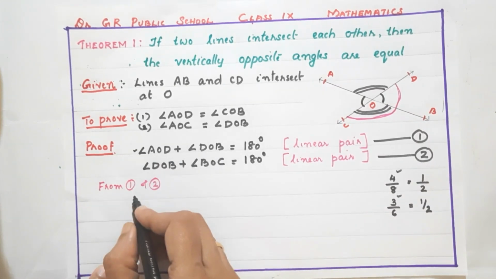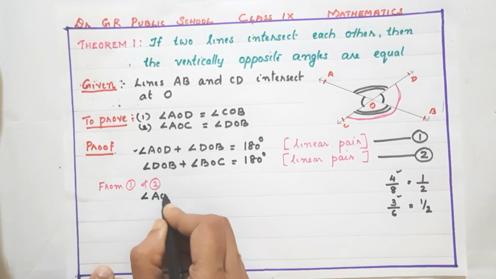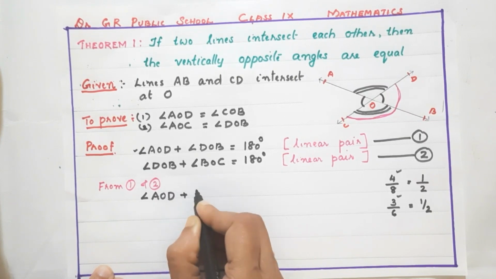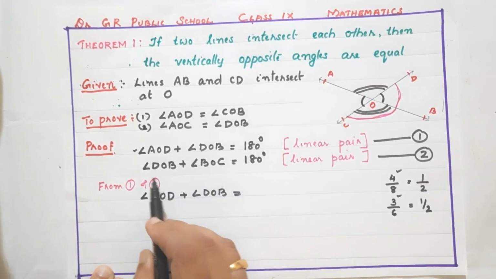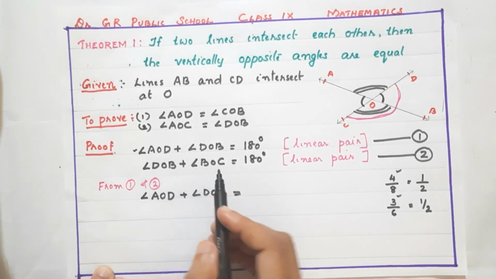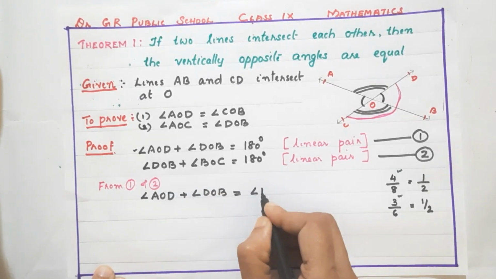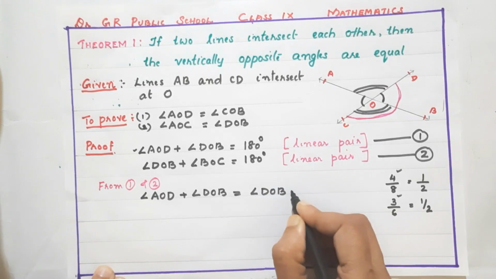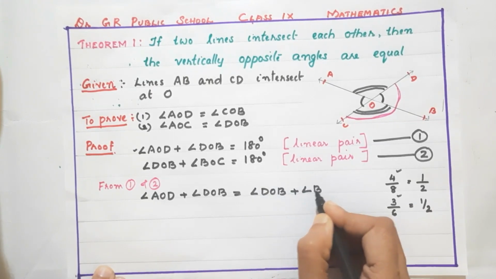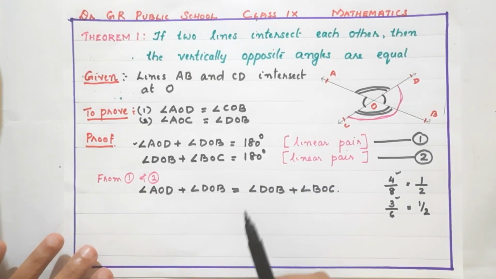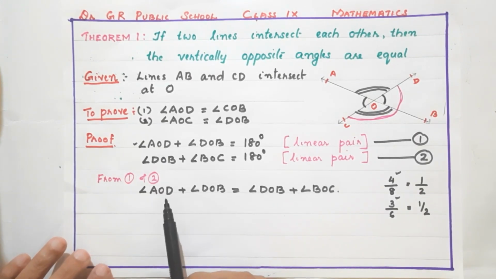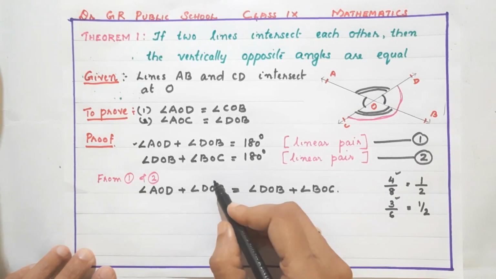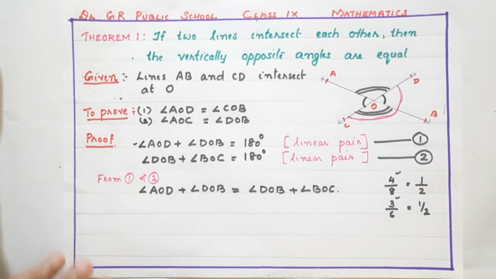LHS of the first equation, angle AOD plus angle DOB, equal to the LHS of the second equation, angle DOB plus angle BOC. So we got a new equation. Now in this equation, these two angles are equal, isn't it?